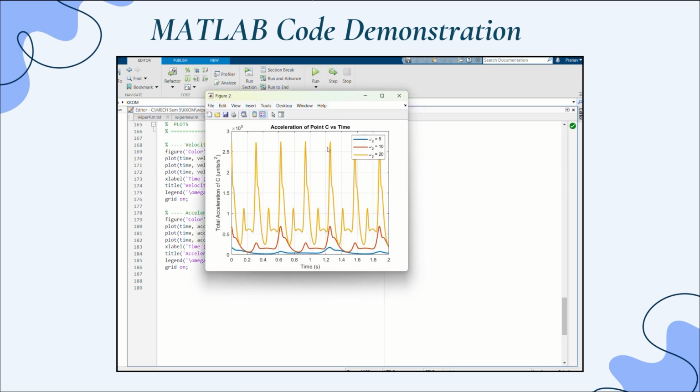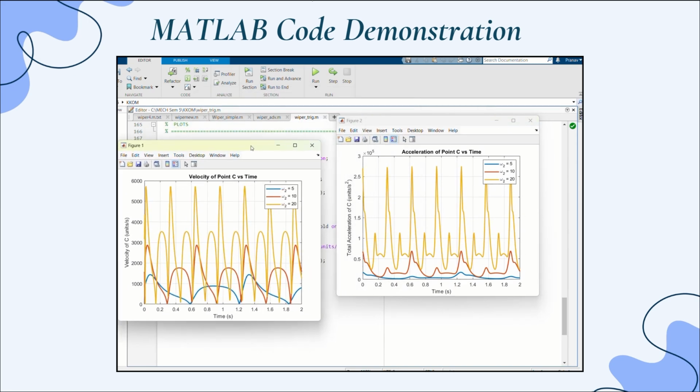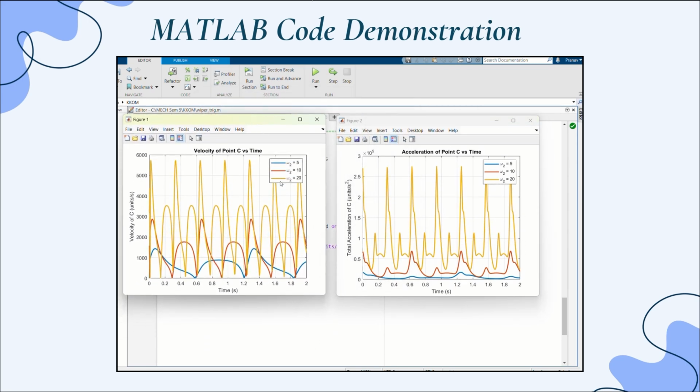Solving the quadratic equation gives two possible rocker angles and we choose the correct one by checking continuity with the previous time step. Once positions are known, we set up and solve the velocity equations to compute the angular velocities of the coupler and rocker. Then we set up the acceleration equations using the tangential and radial components to compute angular acceleration.